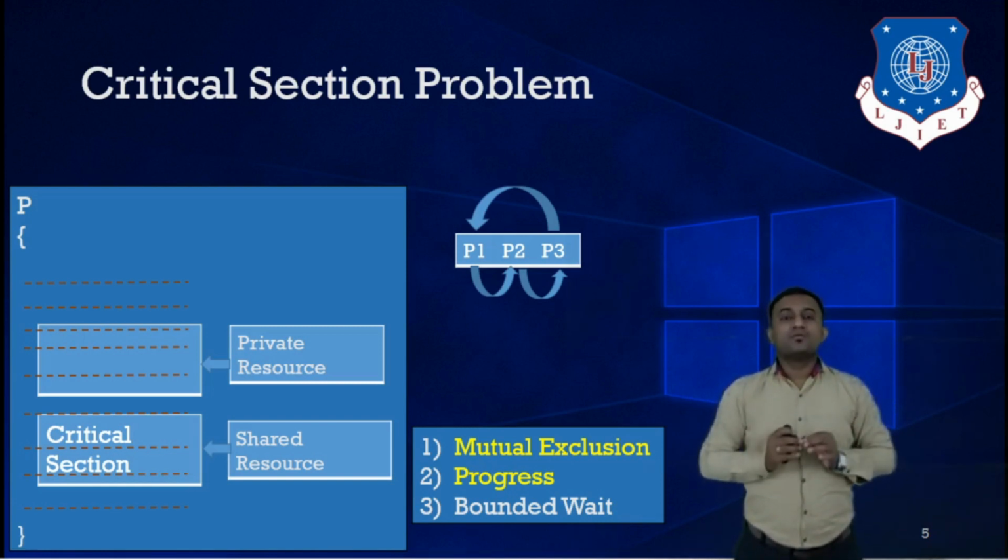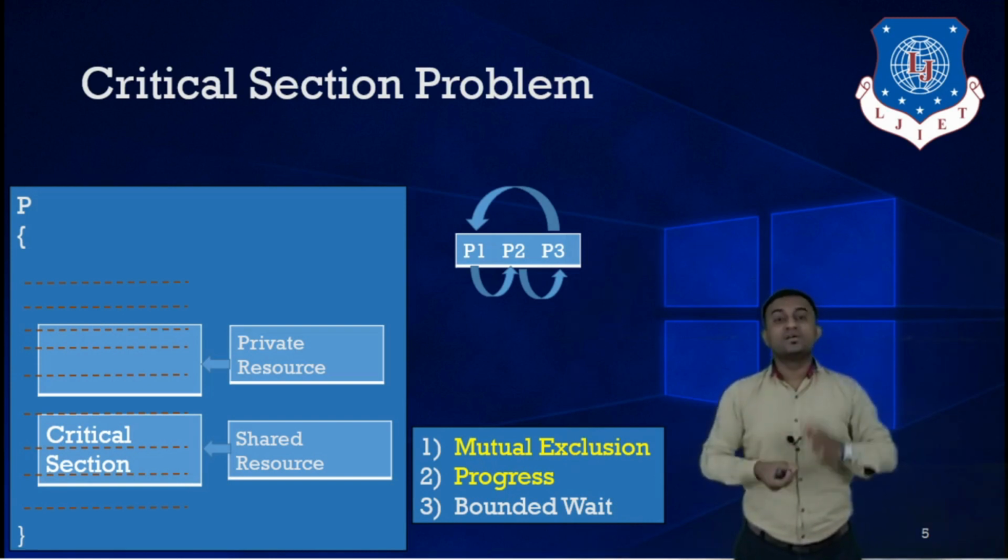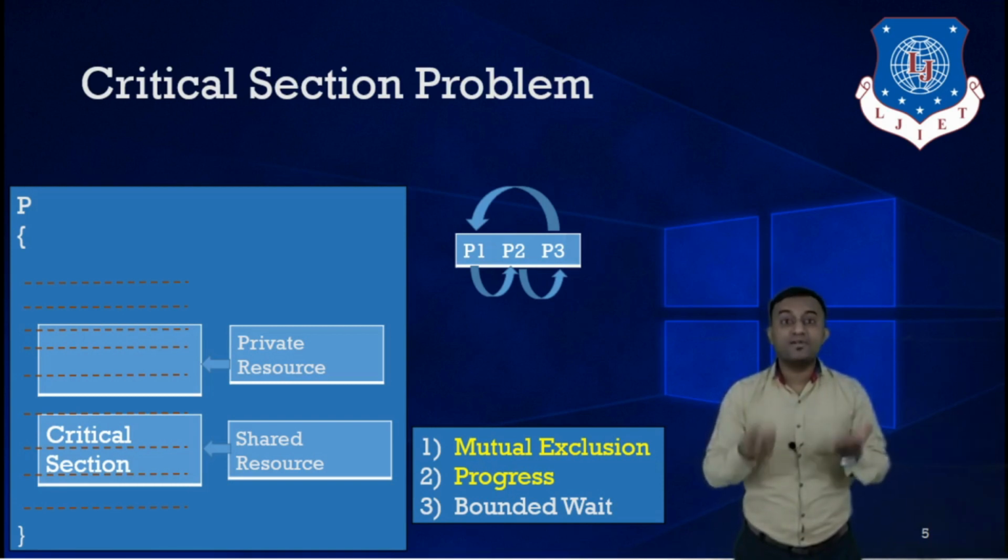Why? Because if we have 10 processes in main memory, and we are executing all the processes in round robin fashion, there are chances that out of 10 processes, say 7 processes are not required to enter into the critical section. That means these 7 processes don't want to access shared resources.